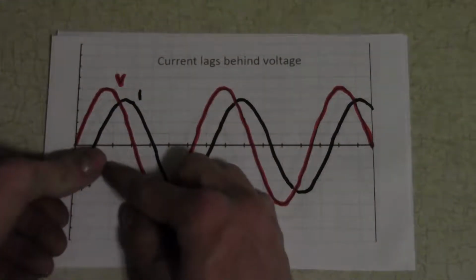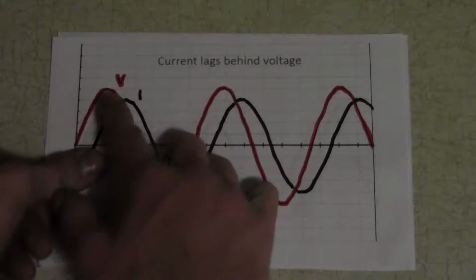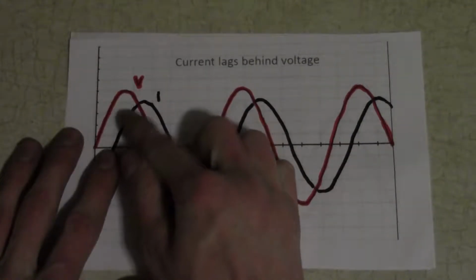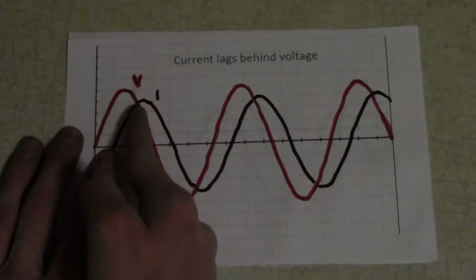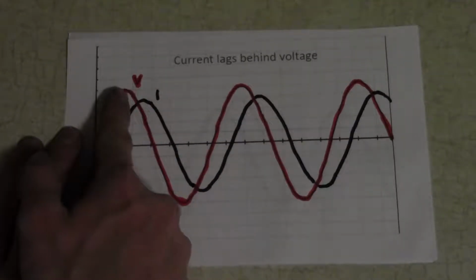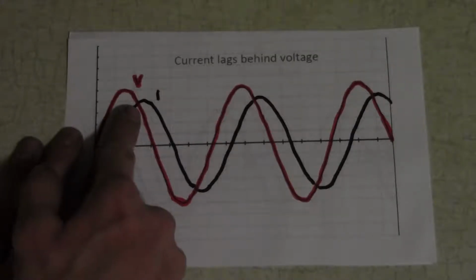So once the voltage reaches its peak, the voltage is pushing as hard as it can into the inductor, trying to force current, and the inductor is delayed in responding to that. By the time the inductor reaches peak current, the voltage has already begun to decrease.